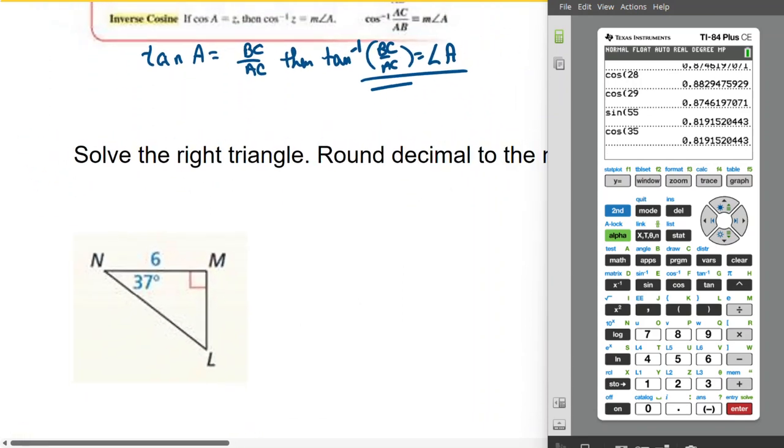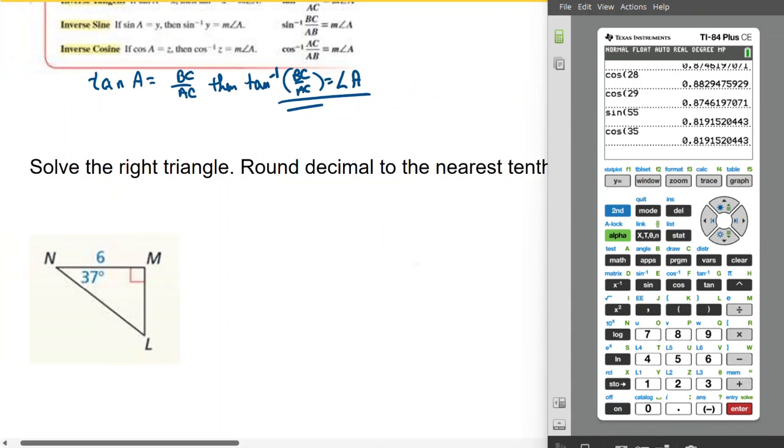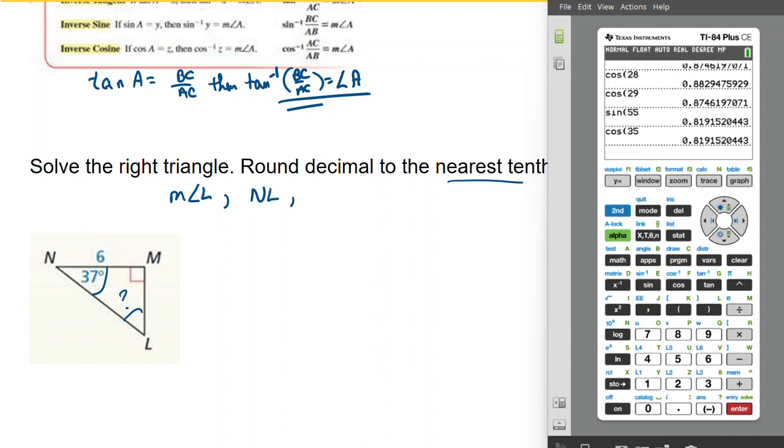So here we go. Solve the right triangle, round decimal to the nearest tenth, 1 decimal place. All right, we don't know very much on this one, but we know this, and we can find this guy. So we need the measure of angle L. We need the hypotenuse, NL, and we need the side, ML. So we need these three things to complete what we have.